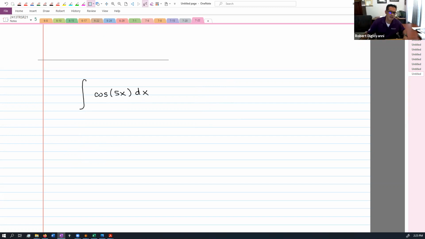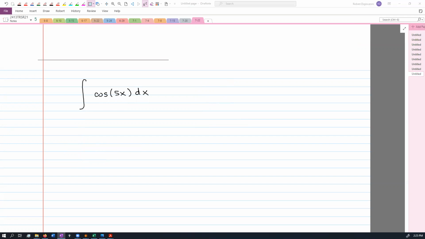Okay, look at this one right here. Take a minute to look at it. It looks unassuming. But there's a little technicality in here we have to be careful with. Chain rule. See if you can get it.